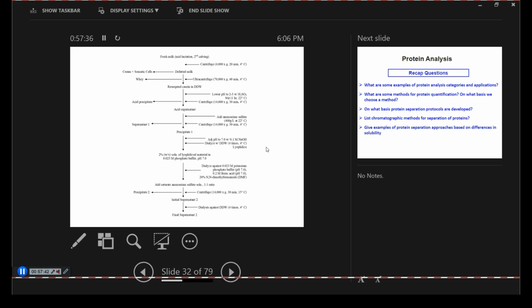And then from there, you use pH to remove a precipitate and get an acid supernatant, and your inhibitor is in here with other components.